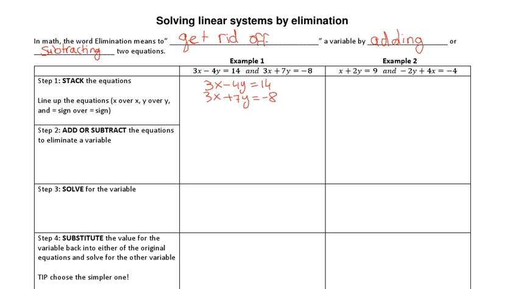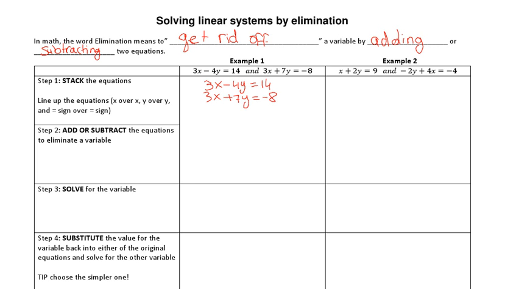Are you okay with that so far? Now, you're going to look at the letters and then you're going to decide which letter has the same coefficient in both equations. So which letter has the same coefficient, x or y?